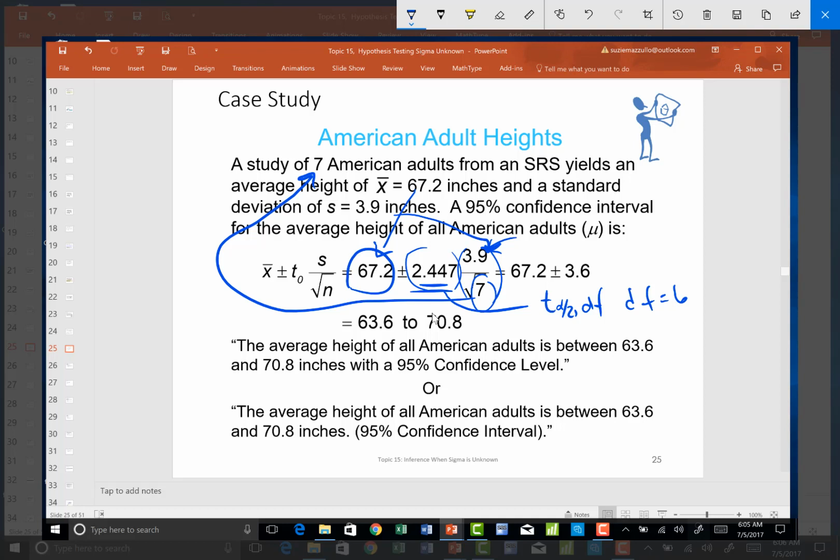in there. So our first thing is we're going to use Minitab to find the confidence interval for the same problem that we just did, where our sample mean was 67.2, our sample standard deviation was 3.9, and we're doing a 90% confidence interval. Since we already have the 95, we're going to use Minitab to find the 90% confidence interval.